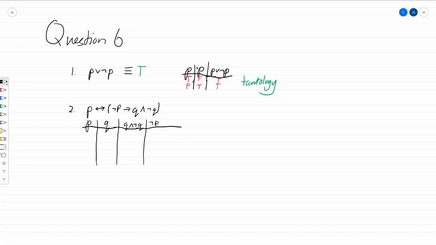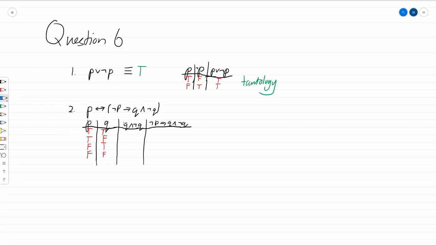So not P implies Q and not Q. I haven't directly mentioned it yet, but for those who remembered, good job. I'll get to it in a second. So we're going to have true, true, false, false, true, false, false. I can give myself extra room.